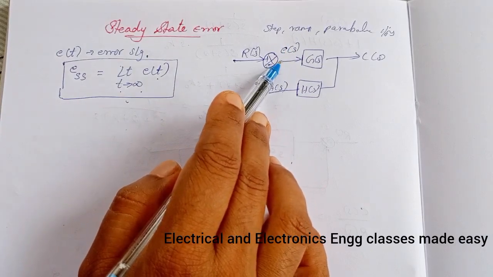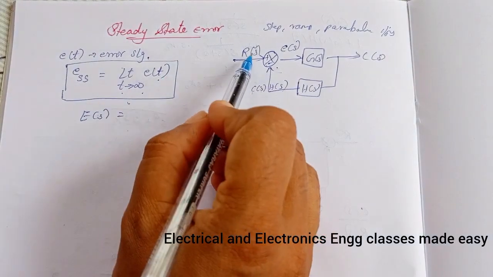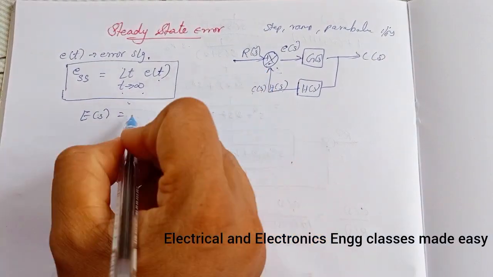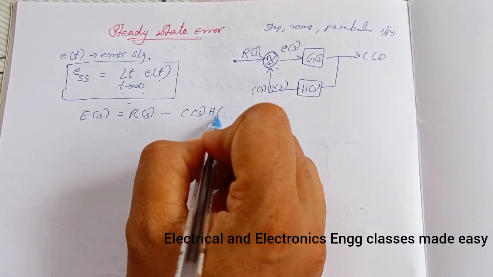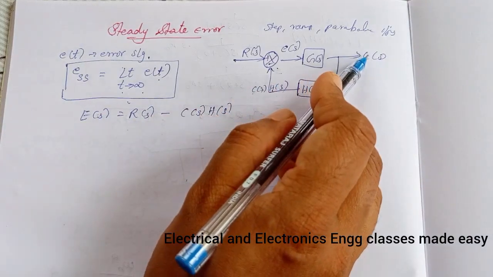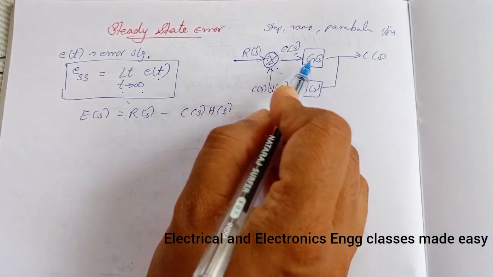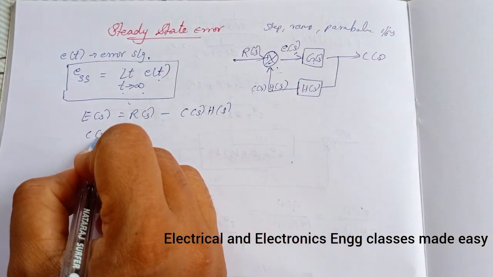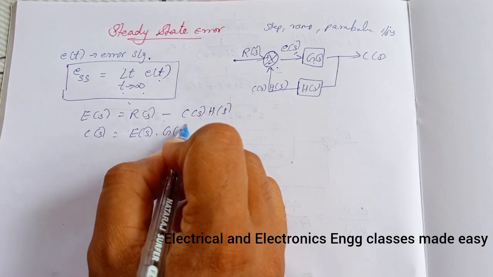The error signal E(s) is equal to R(s) minus C(s)H(s) (equation 1). But we can write C(s) equal to E(s) into G(s) (equation 2).